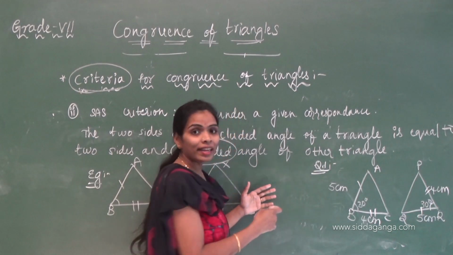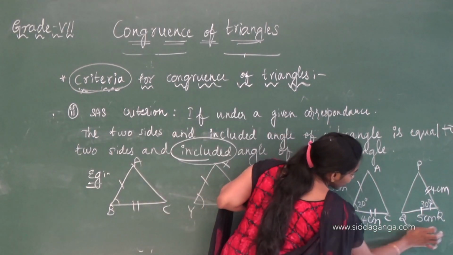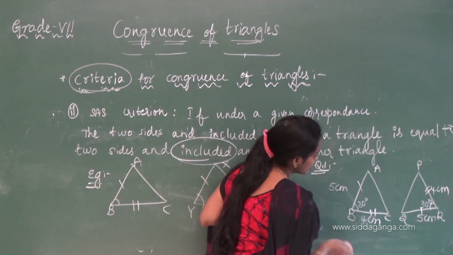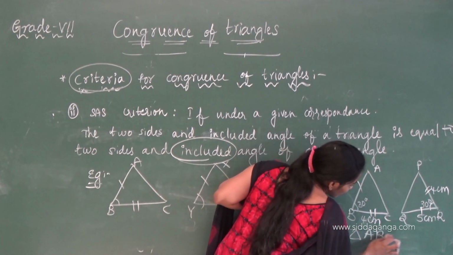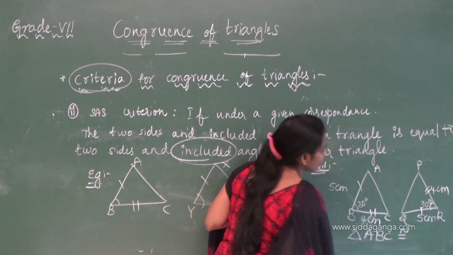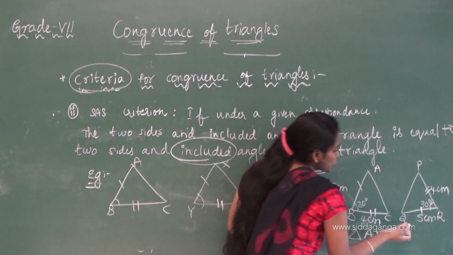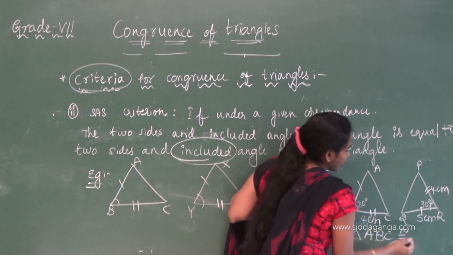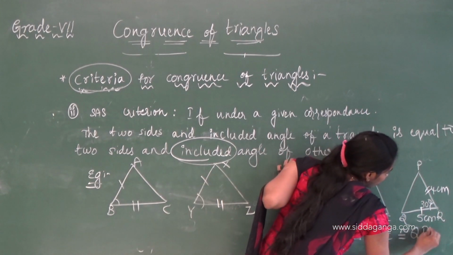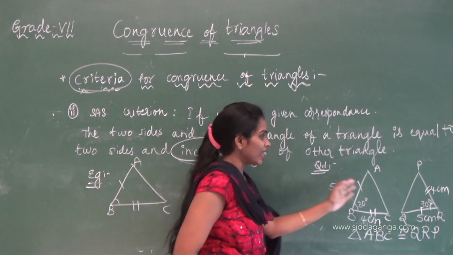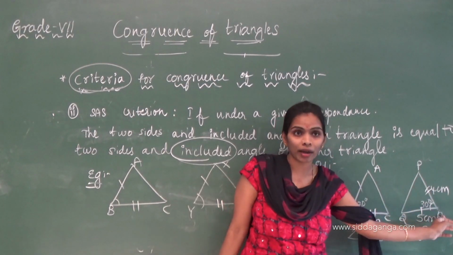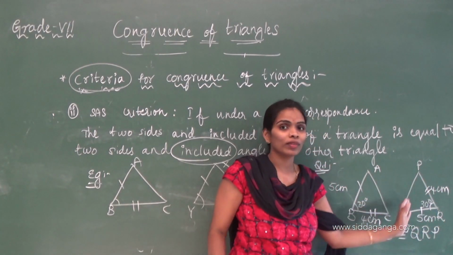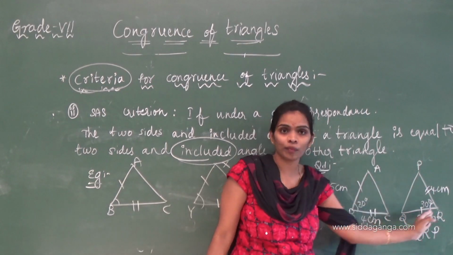When you are writing the correspondence order, how do we have to write? Triangle ABC is congruent with, we have to start from here only, Q R P. If you write P Q R, then the chain will start from here, correct?